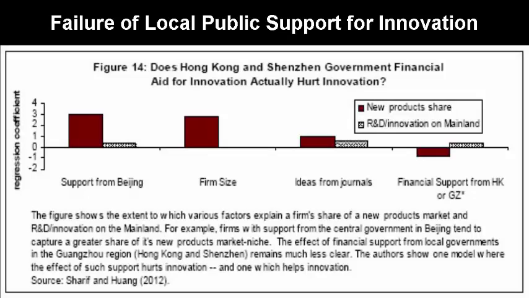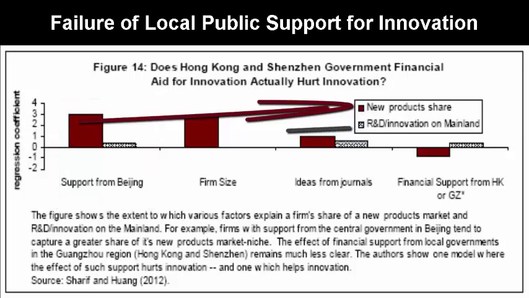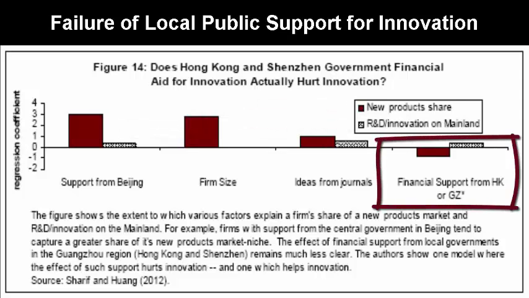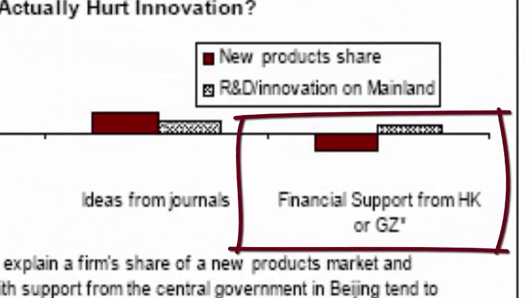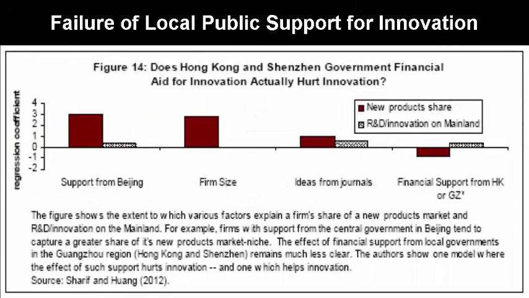Other data shows that support from national or local governments has mixed effects on new product market share and R&D/innovation. Support from Beijing appears to support new product market shares, yet seems to have very little, if any, impact on R&D and innovation. Financial support from the Hong Kong government or Guangzhou government tends to correlate with decreases in the market share of new products and also has negligible effects on R&D and innovation.